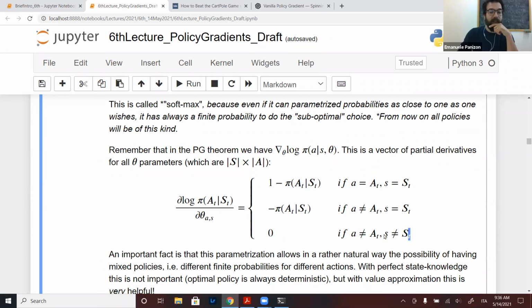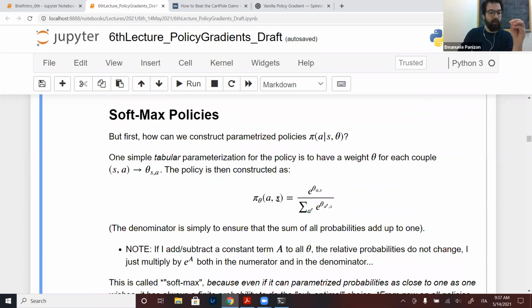And if I am considering parameters which do not correspond to that specific state, the derivative is always 0. Okay, this is a simple result which comes out from having this form of policy.